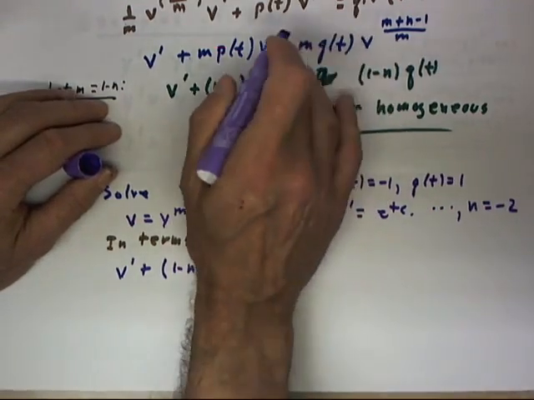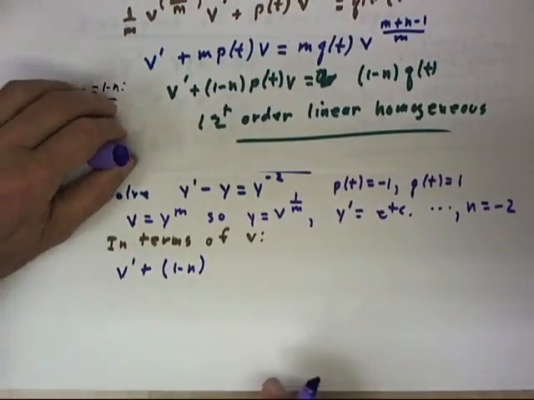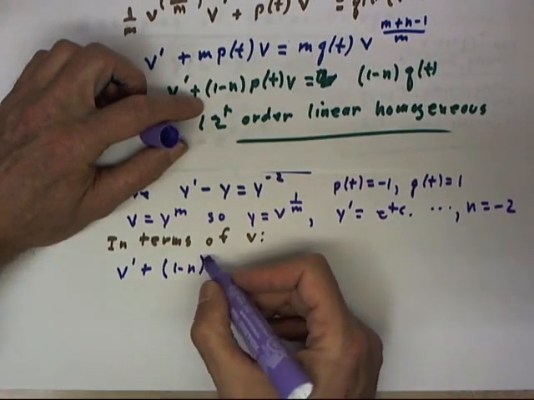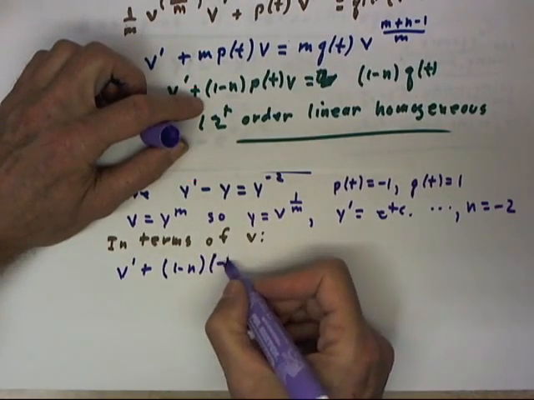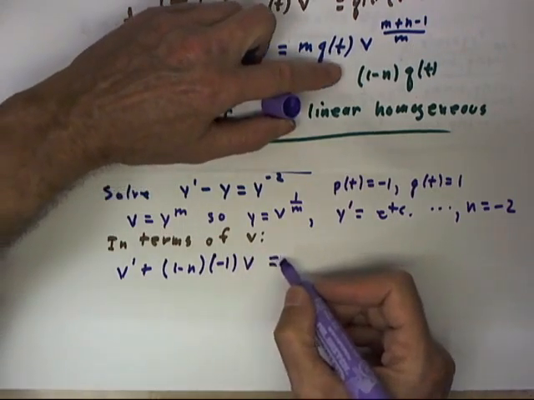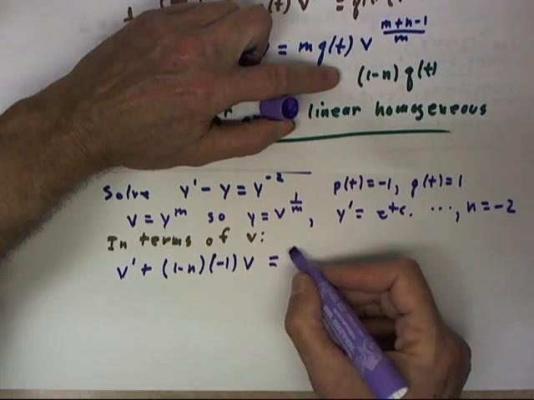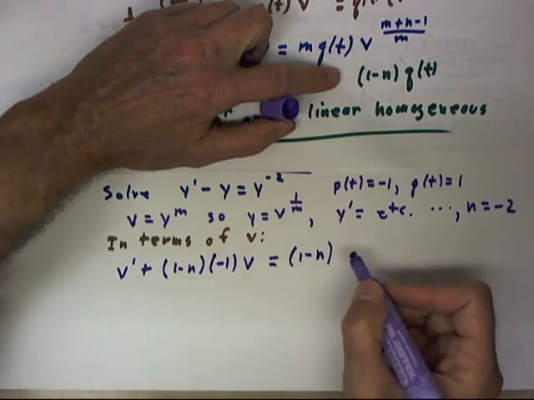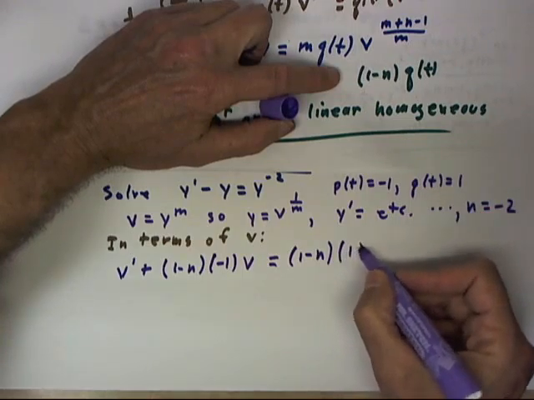Okay, so now we can substitute back here. So we've got 1 minus n times p of t, which is in this case negative 1, times v, and that equals 1 minus n times q of t, which is 1.